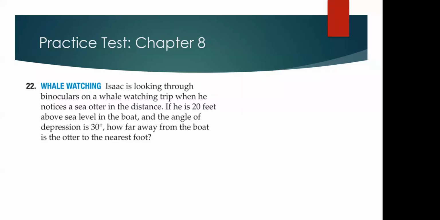Okay, sorry about that. I was not drawing the picture correctly. So here we have the boat, and here's Isaac, and he's looking right out, and then he sees in the distance a sea otter. There's the water there.